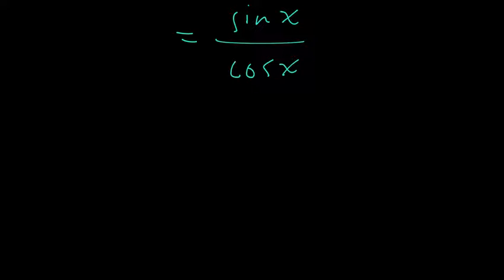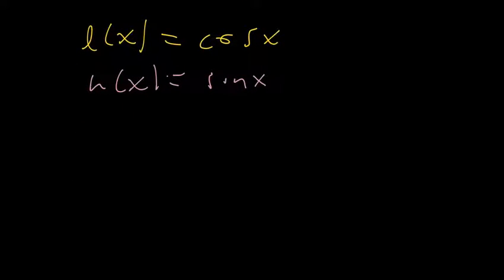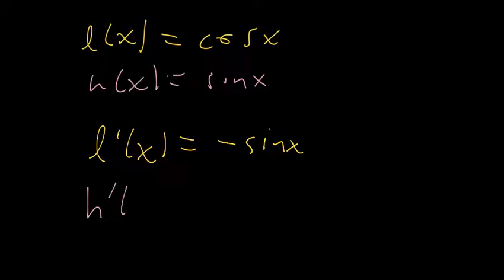So we can say that L of x equals cosine x, and h of x equals sine x. Okay, and let's find the derivatives of those. So the derivative of L of x, we're going to have L prime of x equals negative sine of x. And then for h of x, we'll have h prime of x equals positive cosine of x.